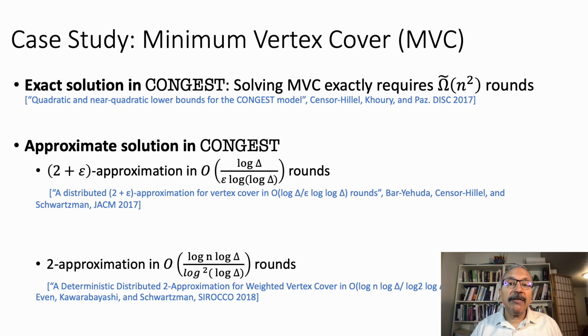However, minimum vertex cover can be approximated quite efficiently. A 2 plus epsilon approximation can be computed in just under log delta rounds, where delta is the maximum degree of the graph. Even a 2 approximation can be computed deterministically, in fact, in polylogarithmic rounds. Much less is known about the message complexity of minimum vertex cover, and this is the gap that our work aims to fill. Now, the situation is similar for the other 3 problems that we focus on also.